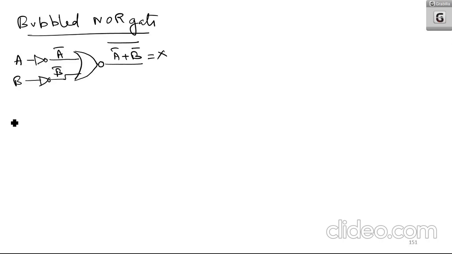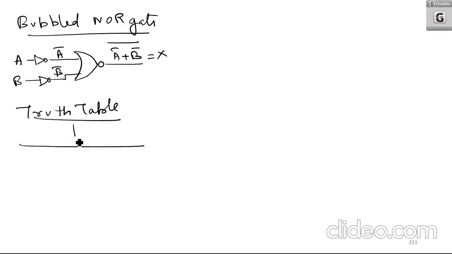Okay. So let me form the truth table first. The truth table. So you're having inputs as A and B, right? Inputs, outputs. Inputs are A and B, and output is H. What is H?